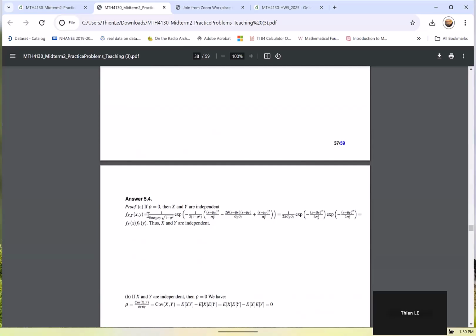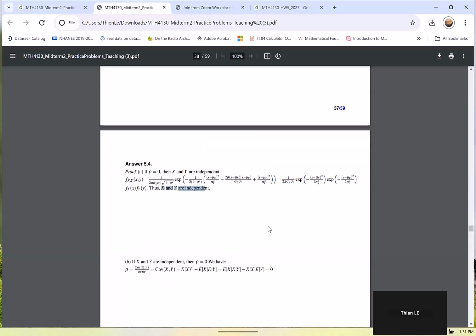Why? Because you can write the density of X, Y like this for the bivariate normal. And when rho is 0, you can factorize it into a function of x and a function of y, f_X(x) f_Y(y), which means X and Y are independent.